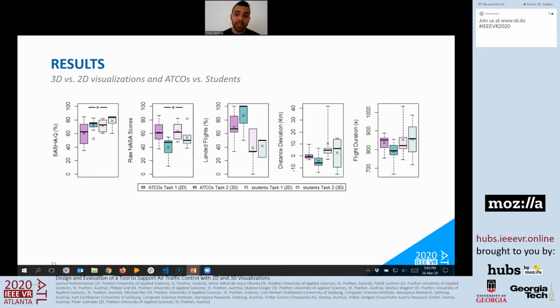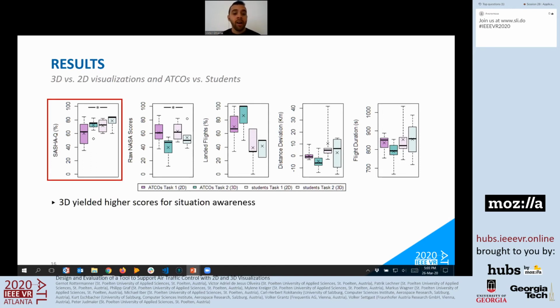Okay, so here you can see a summary of our results. When it comes to situational awareness, which we collected with the SASHA-Q questionnaire, we could observe that the 3D condition helped the participants to yield higher scores for situational awareness.